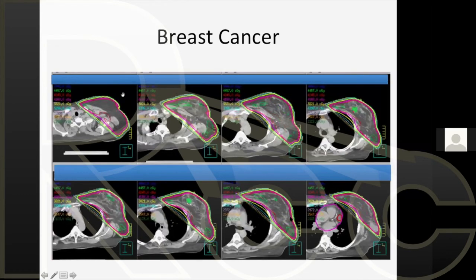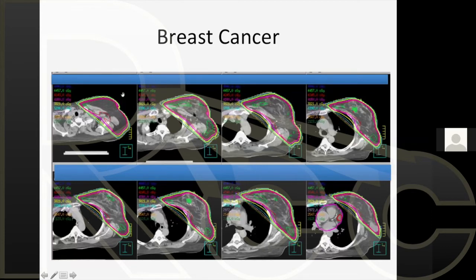So here's another plan. Let's look at the same things. You want to look at your normal tissues, and you want to make sure that you're covering the area that you want to cover, right? Same patient. Again, we're looking at the red line, which is really our prescription line. There are a few hot spots right here, but that's pretty normal because of the way her anatomy is.